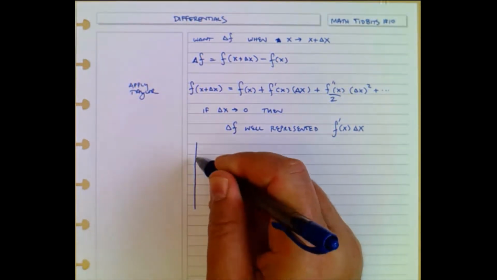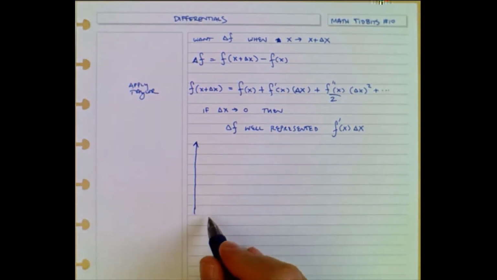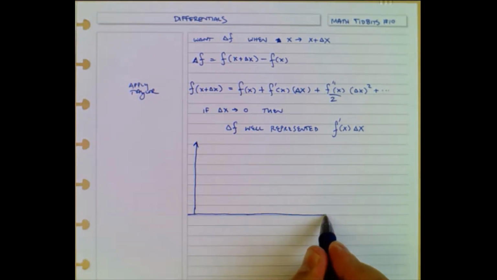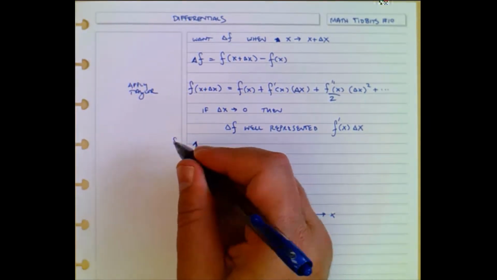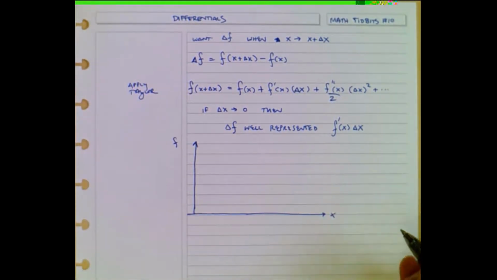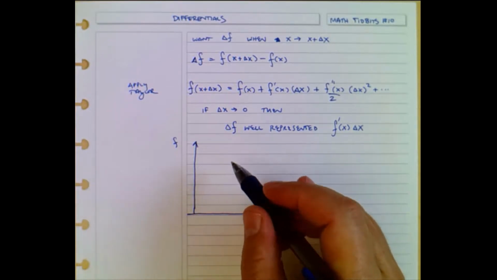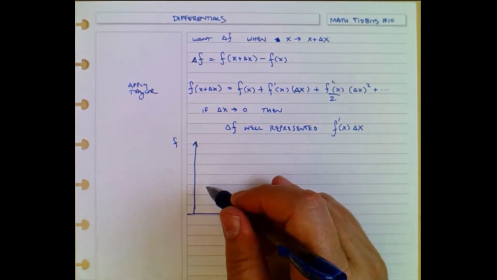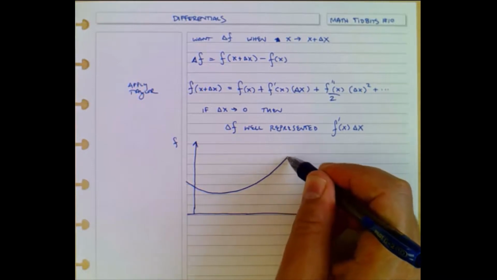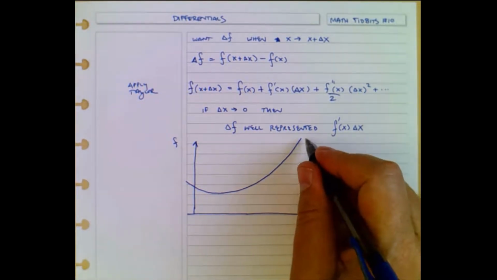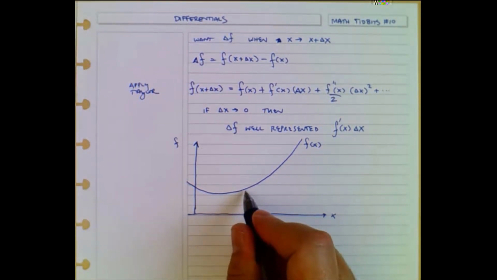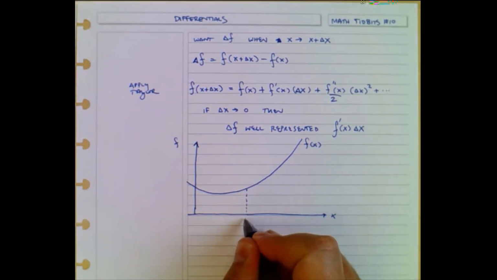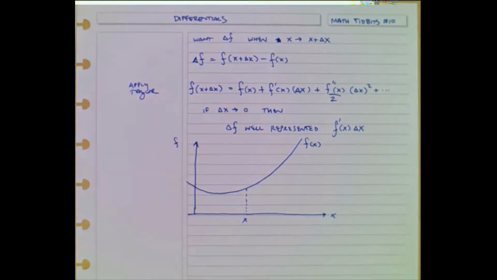So, just to illustrate this for you, take f and plot it versus x. And let's say that in this region here, f looks like this. So this is f of x. And we're interested in this location x.